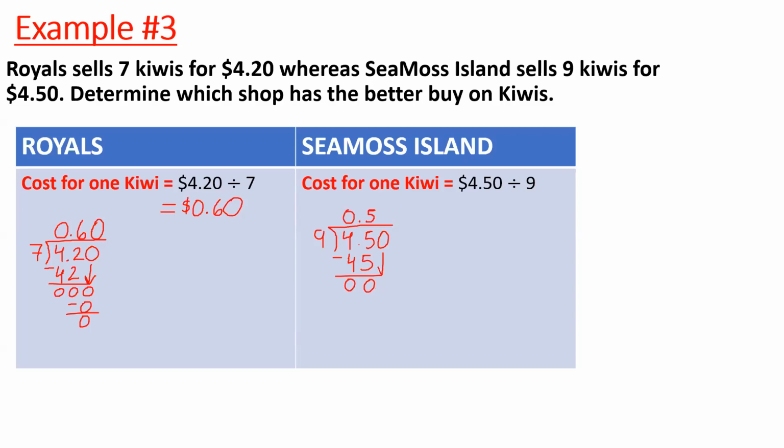That's going to be 0. 9 times 0 is 0. And 0 minus 0 is 0. So this is going to be equal to 50 cents.